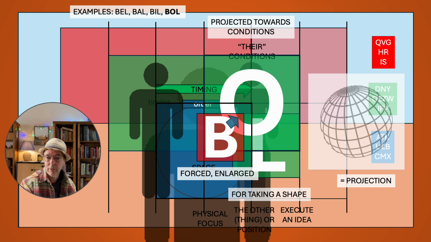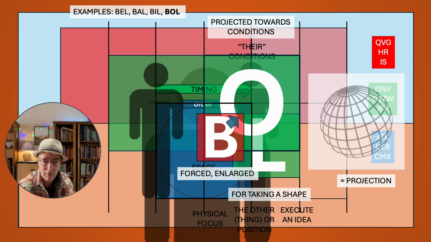Most of the time it's more like a projected sphere, and that's where BOL is used. BOL is about the shape, but the shape is projected to the outside. It's pressed with the B, forced in a way, enlarged, and it takes shape via these conditions. The BOL, or shape of the globe, is used as a projection, and that fits it very well.